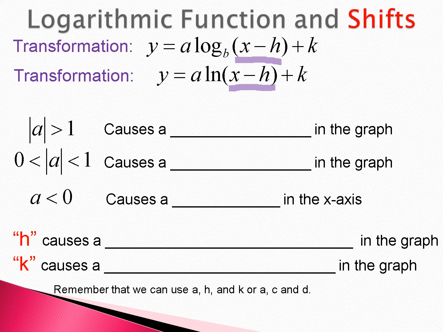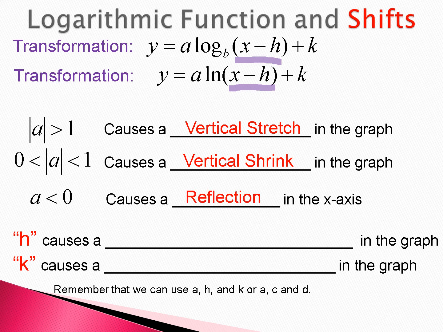So if the absolute value of a is greater than 1, it's going to be a vertical stretch. If it's between 0 and 1, that's going to be a vertical shrink. Now, if a is less than 0, that means it's negative. So that negative attached to the a, just like always, causes a reflection in the x-axis.